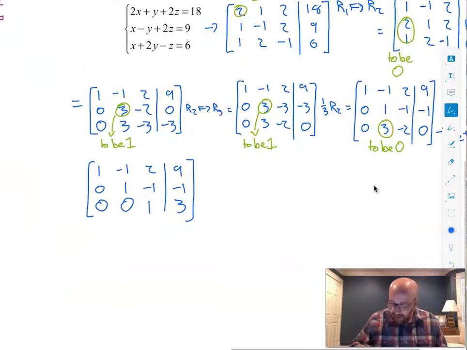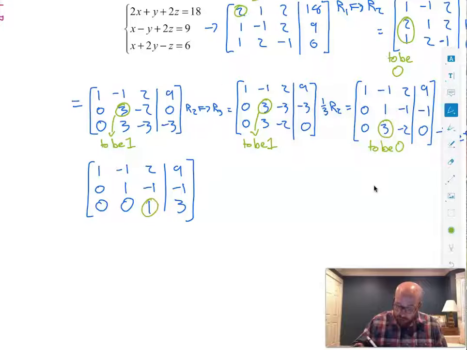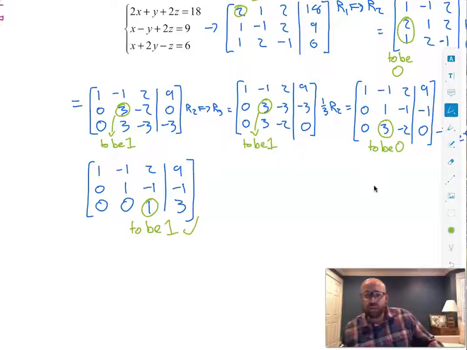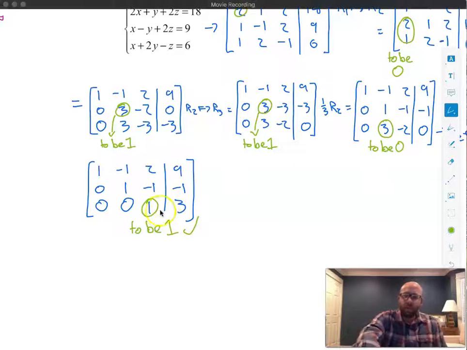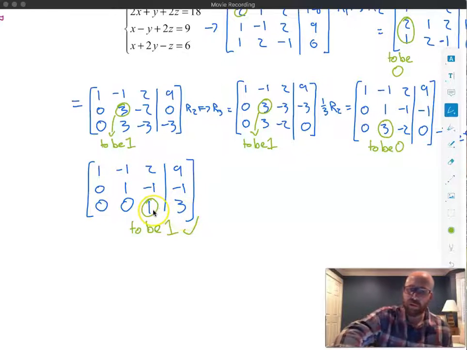Now, the next goal that we want to have happen, according to our set of procedures on the previous page, is we want this to be 1. Well, it's already been taken care of for us. Now, if that was not 1, we would need to multiply or divide by some number so that this becomes a 1.